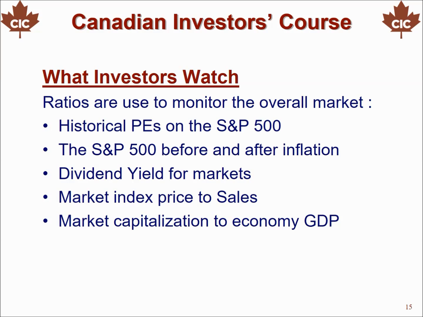We look at the dividend yield for markets as well as the dividend yield for individual stocks. We look at market index price to sales so that we get a feel for whether the market is buoyant or whether the market's overvalued in relation to sales. And finally, we look at market capitalization in relation to the economy, the gross domestic product, GDP.